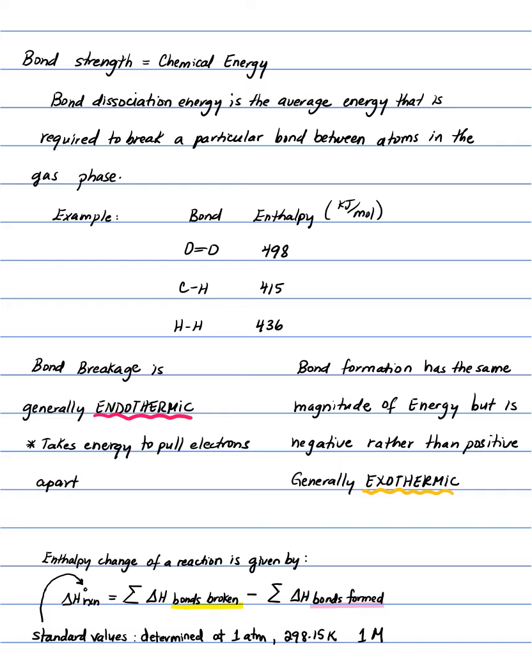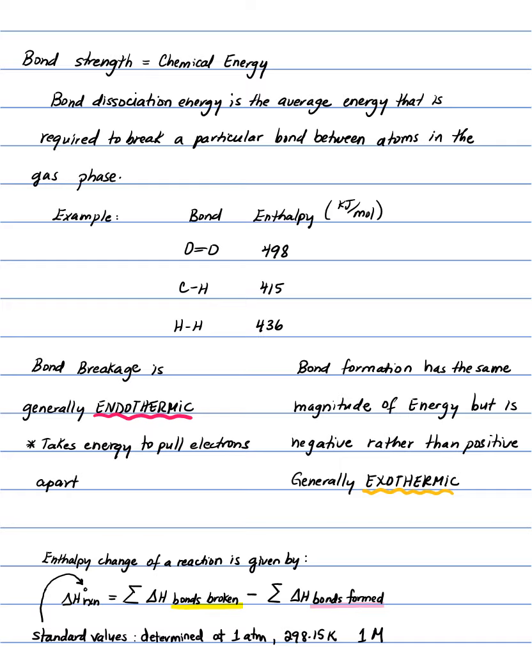So the bond dissociation energy is something that we can find very easily. There are tables with a lot of different values for different chemical bonds. So in the equation, what we have is an enthalpy change that is determined under standard conditions.